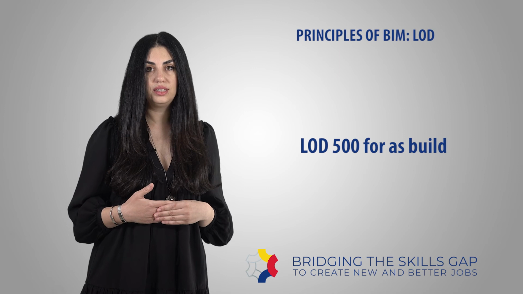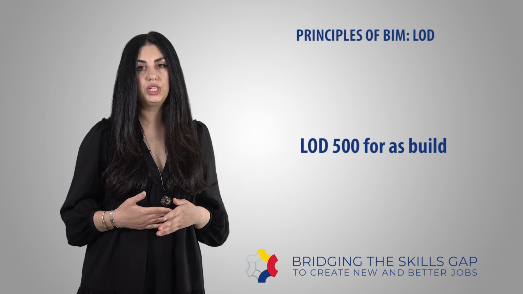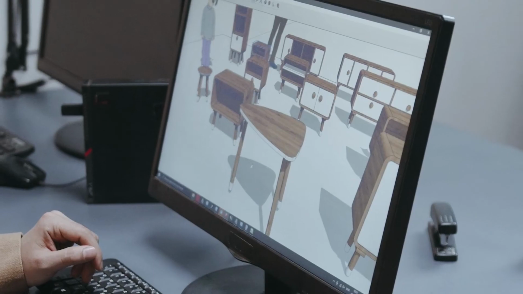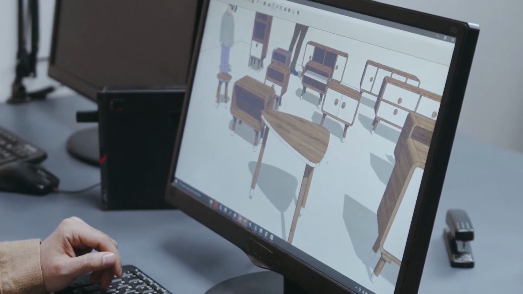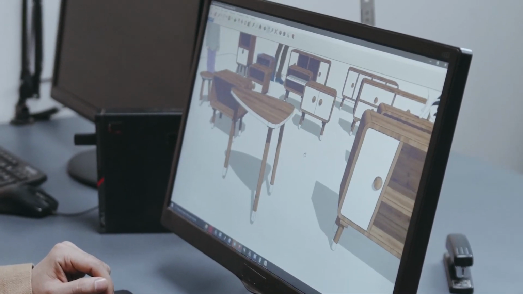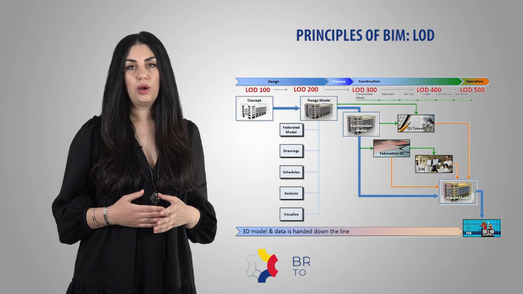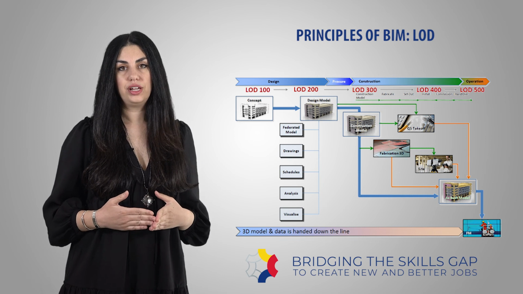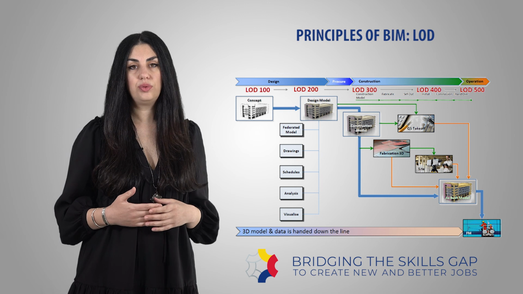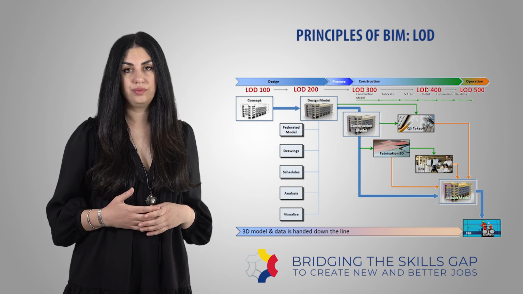I know it might seem easier, but you will lose too much time detailing objects we don't really care about. For example, I need to know there's a table and a chair in the room. I don't need the exact location and the shape. Given this, LOD 100 is probably enough for this chair and table. So, defining LOD is not a project milestone, but rather a model component definition method.